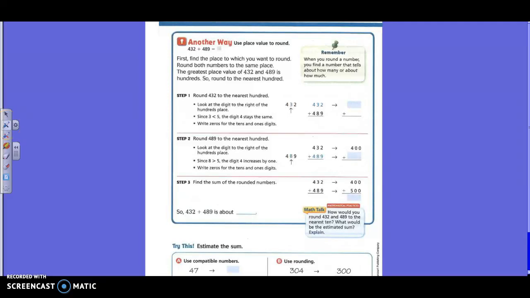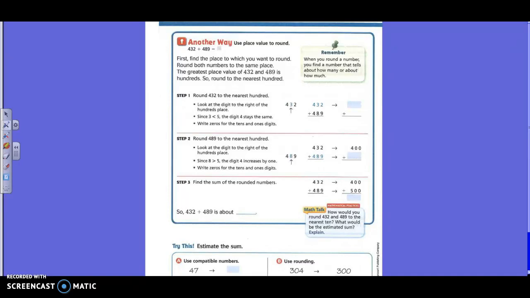Okay, another way to estimate is to use place value. So this is like rounding probably. Let's read it though first, okay? First, find the place to which you want to round. Round both numbers to the same place.